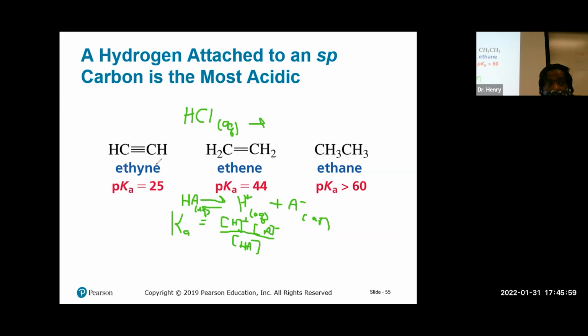So if our acid's pH is higher, it becomes more basic. If we look at these numbers, the pKa is 25.